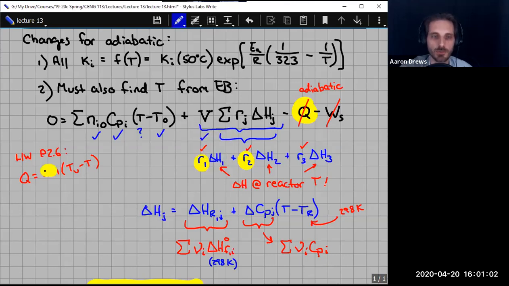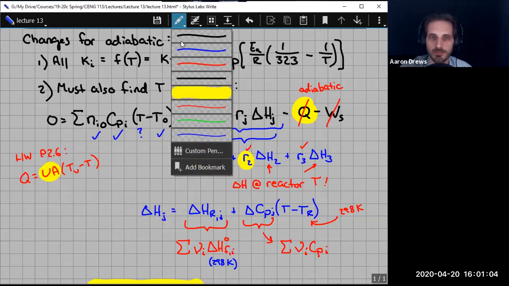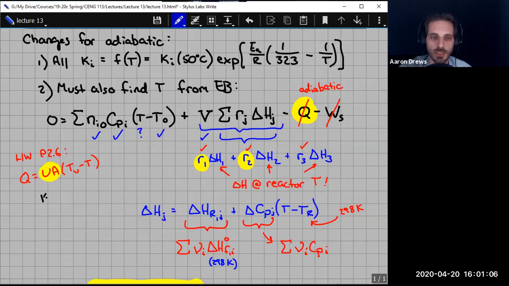What I have told you in this case is that UA is known. And so UA is given to you as, I think it was like 15 kilojoules per minute per Celsius.